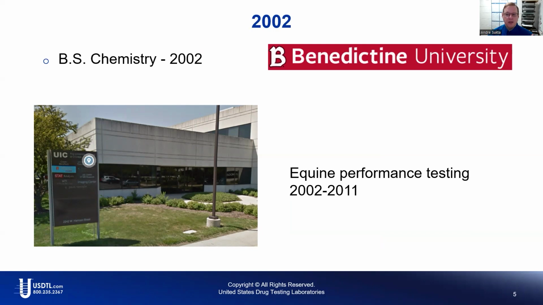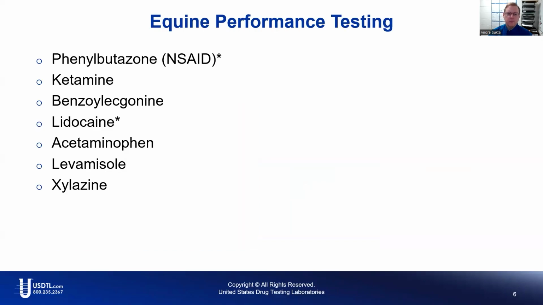Due to the nature of the racetracks and the shared barn space that's available, it actually is pretty easy to add something to cause a horse to not perform well. So we were really tasked with testing for a variety of different things.